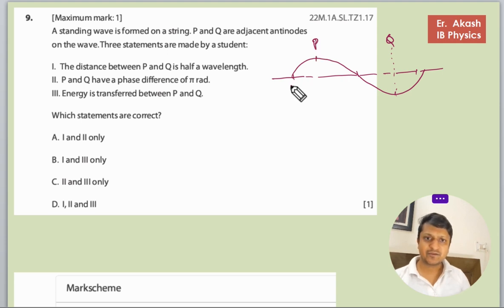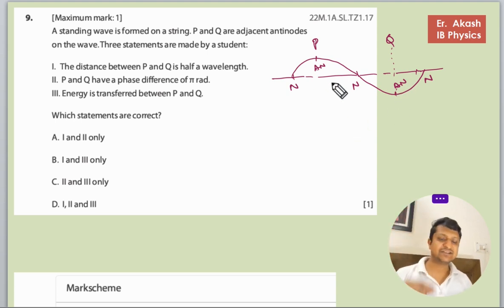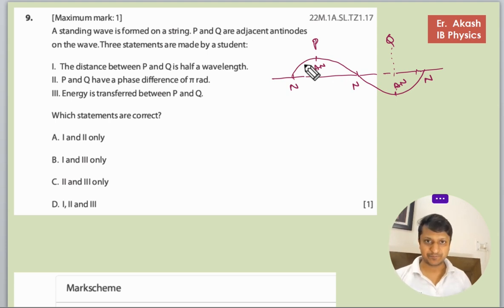So these are the nodes and this is an antinode. You know that the antinode is the point which has the maximum amplitude. So it says that P and Q are adjacent antinodes and three statements are made by the student.